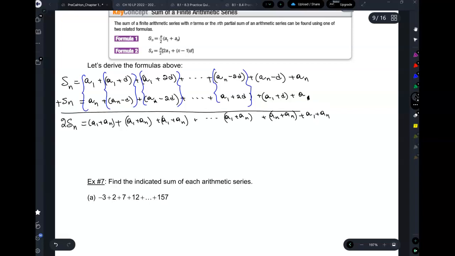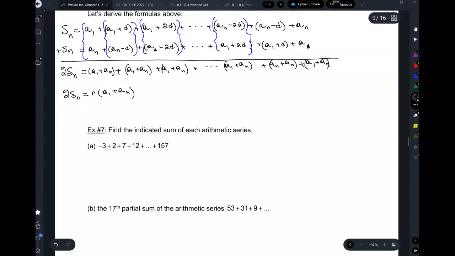So now, how many of these things do we have? We have N of them, right? So let's write that again. 2SN is equal to N times (A1 plus AN). So how do we solve for SN?